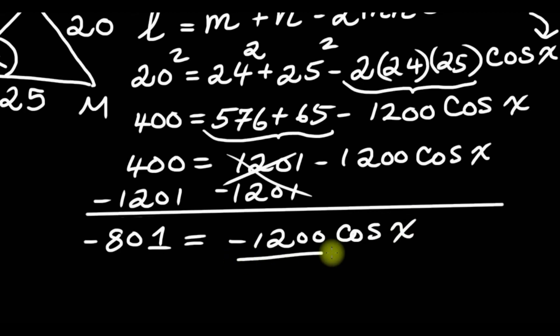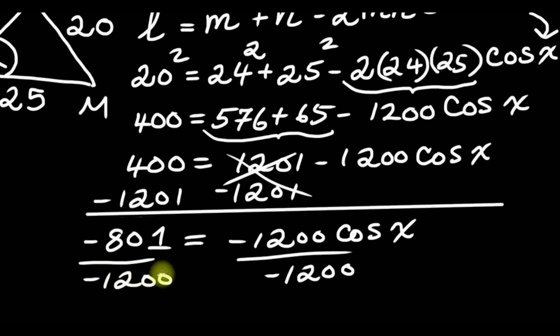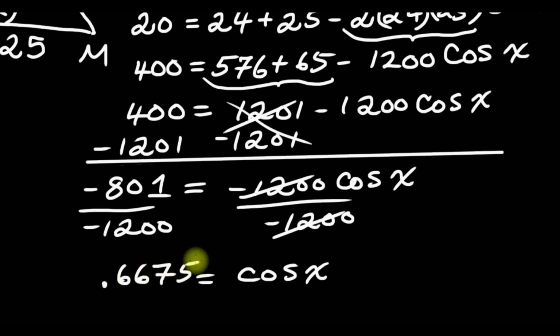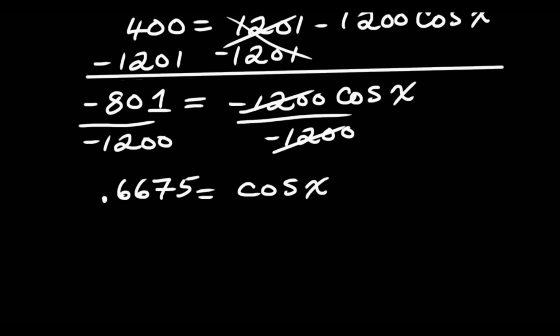And then divide by negative 1200 on both sides. You can cancel those numbers. So you have cosine x is, so negative 801 over negative 1200 is going to give us 0.6675. So to find out what x is, you're going to use arccosine, which is the inverse of cosine.